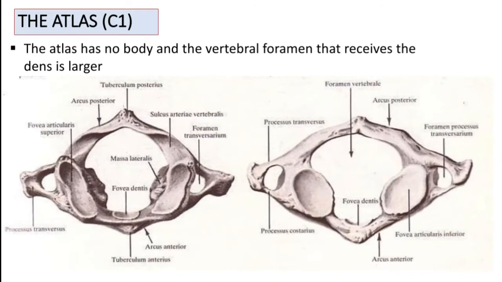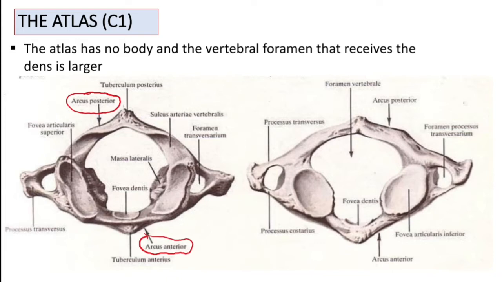You are looking at C1. This view is a superior view, and this one is the inferior view. Starting with the superior view, this is the anterior side, arcus anterior, the anterior arch, and on the back you have the posterior arch, arcus posterior.